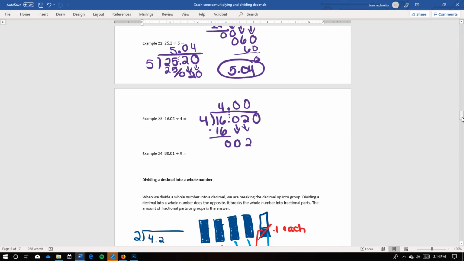See how these places are all corresponding? That has to be happening, just like it has to happen in multiplication. All right, so 4 can go into 20, and it can go in 5 times. That'll give me a stopping spot.